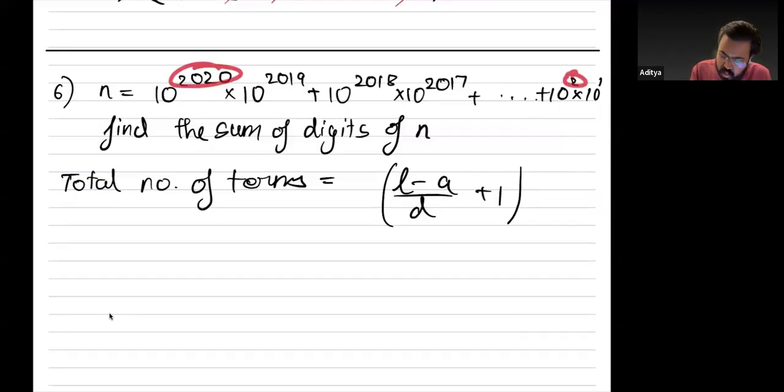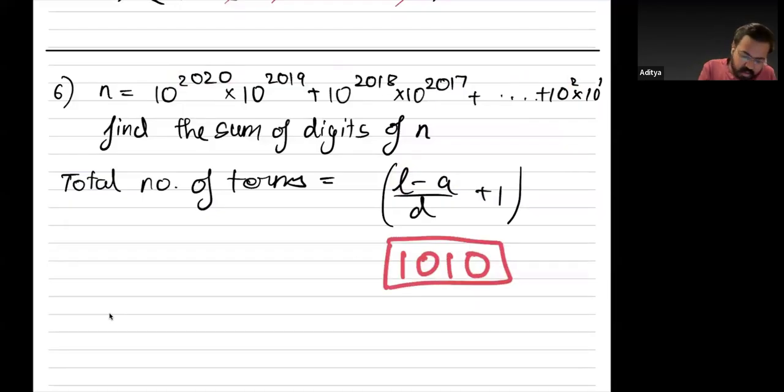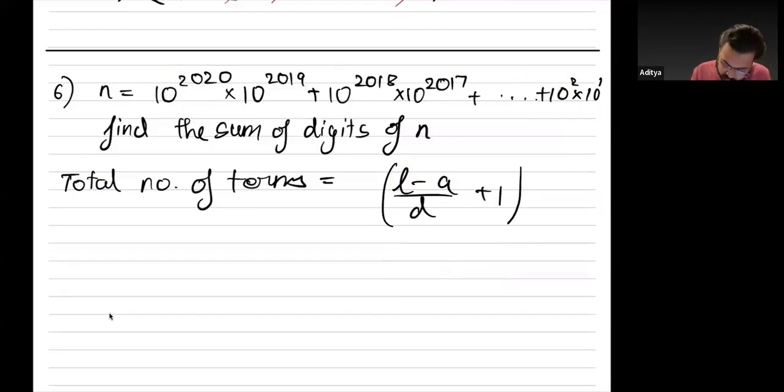Start from 2, all even numbers all the way up till 2020. Just divide 2020 by 2. It's the same thing we have done over here: 2020 minus 2 upon 2 plus 1. So if you don't subtract that 2, you will get 1010. That's the answer. So the answer is equal to 1010.